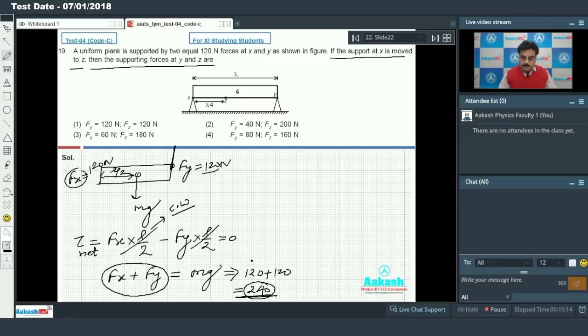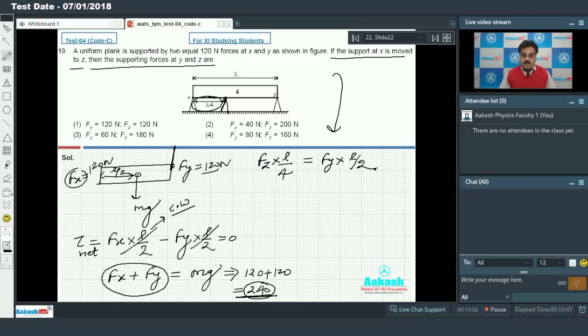Now I am going to take the torque in the second situation, when support X is moved to Z. When the support is moved to Z, and if I go for the torque with respect to the center of mass, the torque due to Z, with perpendicular distance L by 4 as given, will be equal to the torque created by Y, and its perpendicular distance will remain the same.